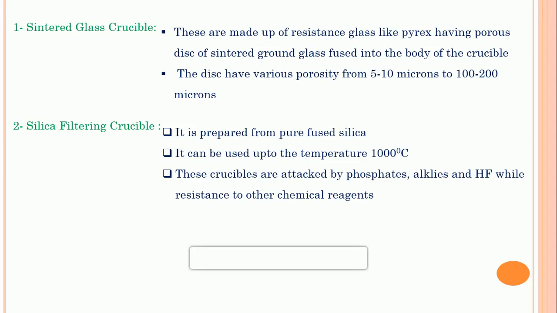But these silica filtering crucibles are very resistant to other chemical reagents. That means instead of phosphates, alkalis and HF, we can use other reagents very smoothly, and the crucible does not react or contaminate the main precipitate. So that is the silica filtering crucible. Now the third crucible, called the porcelain filtering crucible.